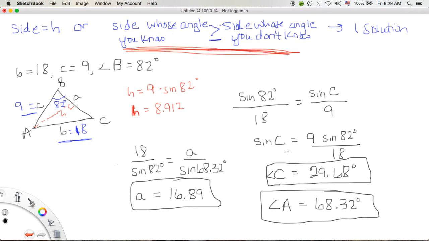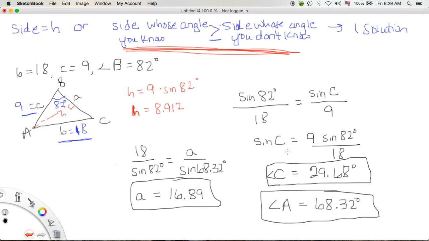Remember, side, side, angle, you can have no solution if that height is bigger than the side that you don't know the angle on. Or you could have two solutions if the height works out, but your side whose angle you know is smaller than the side whose angle you don't know. Or you could have one solution if the height works out, but your side whose angle you know is greater than or equal to the side whose angle you don't know.